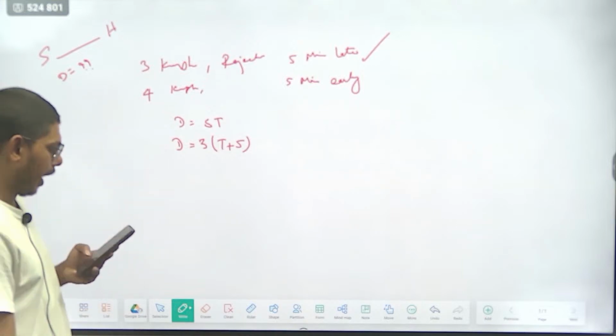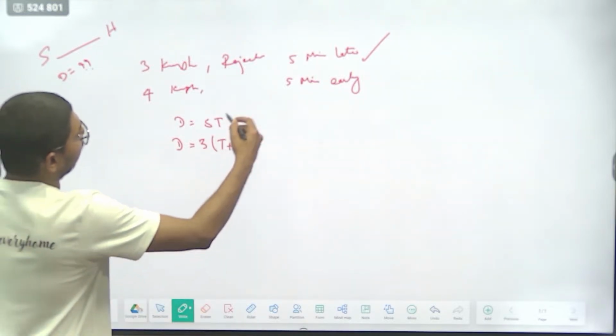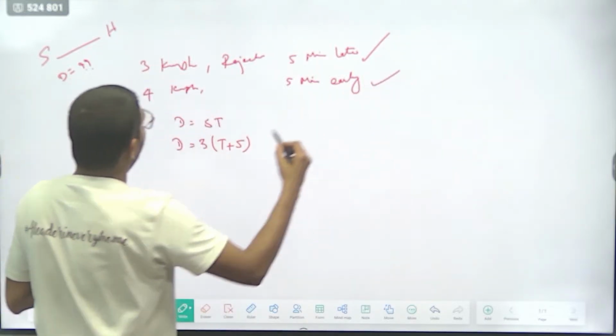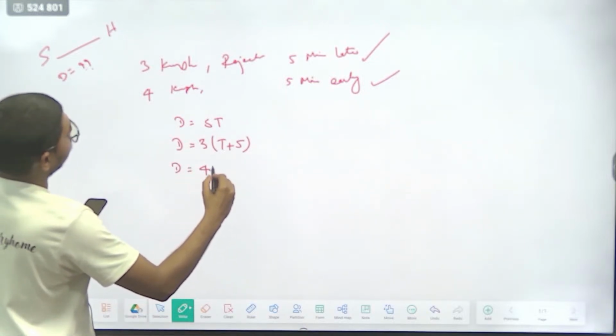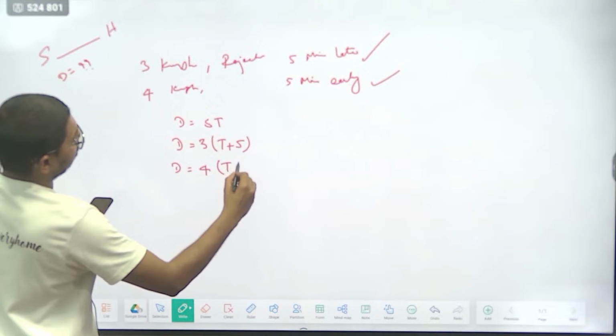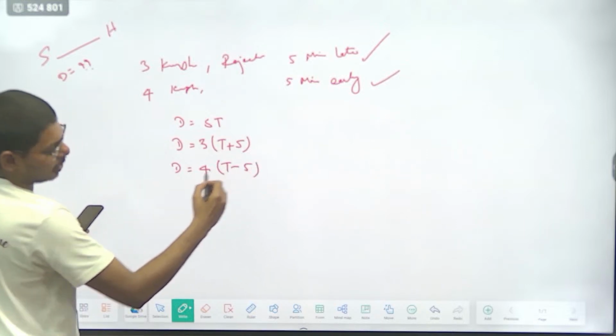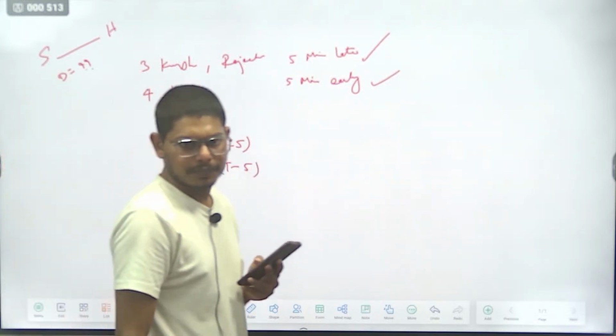And again for this one, you will have D is equal to 4 into T minus 5. Early means time minus 5, isn't it?